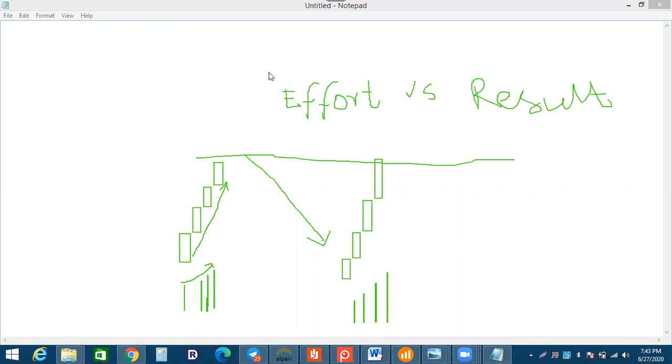So this movement is a true movement of the market. It will continue the trend because volume is increasing and price is also increasing.